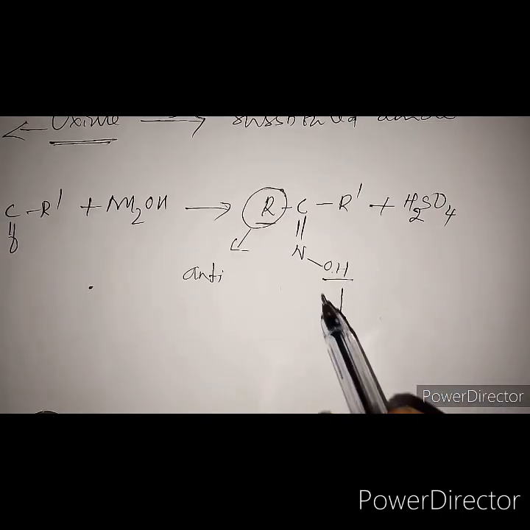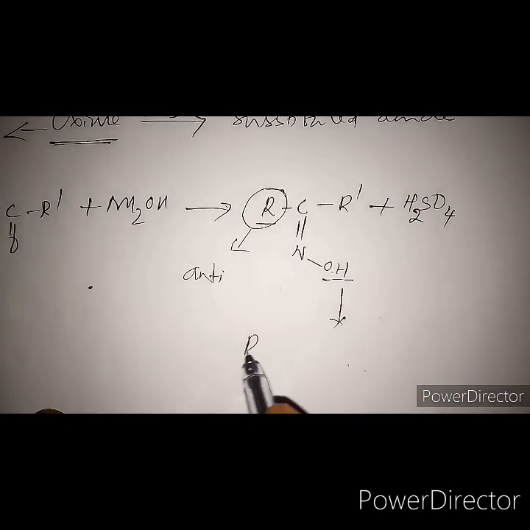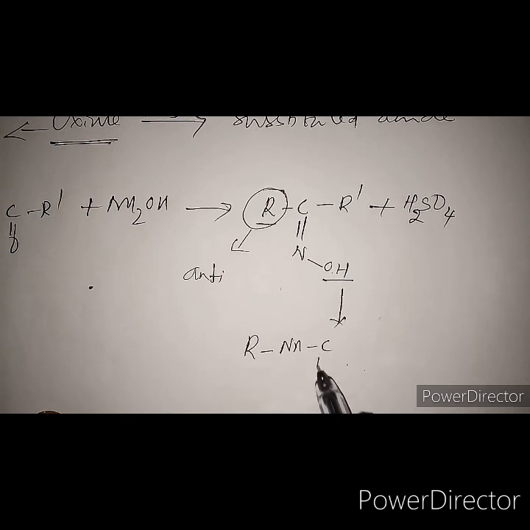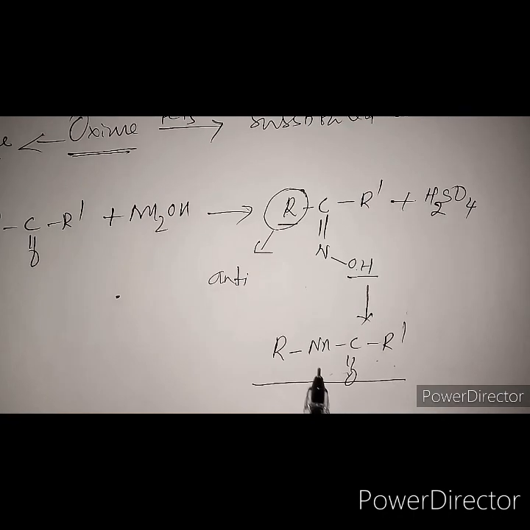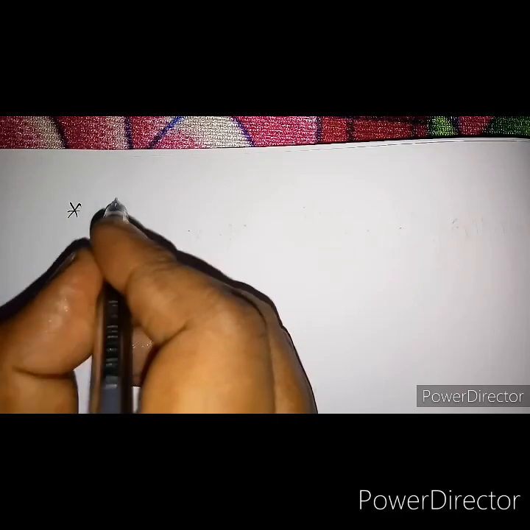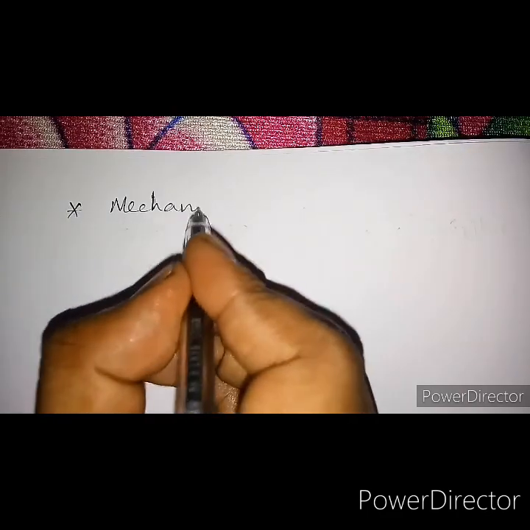So this group migrates to give RNHCOR'. So this is a substituted amide. This reaction we call the Beckmann rearrangement. Now we will see the reaction mechanism of this reaction.